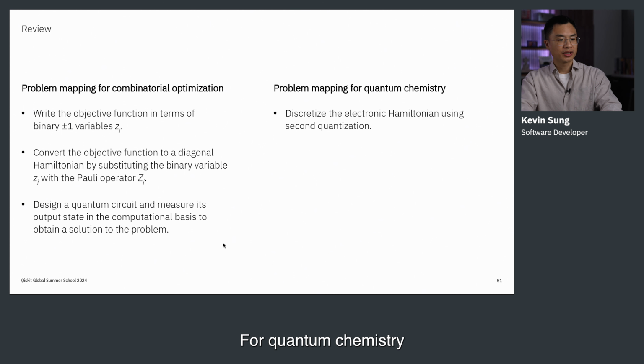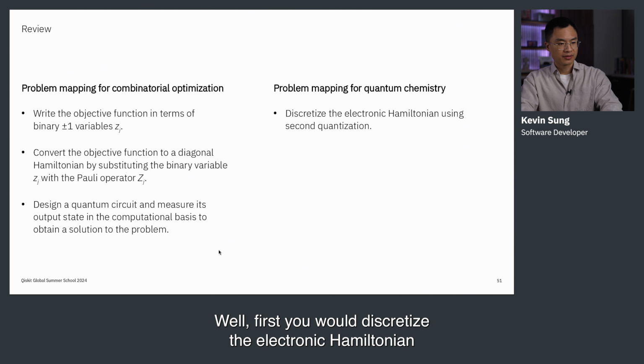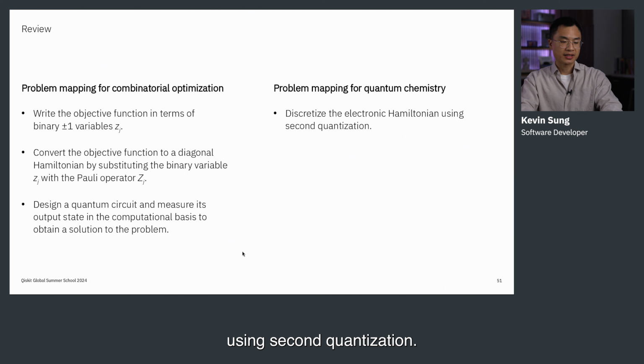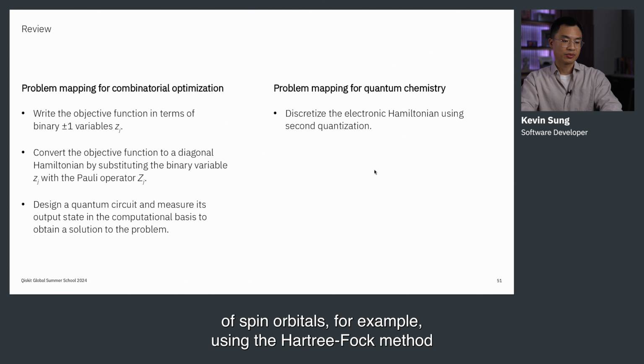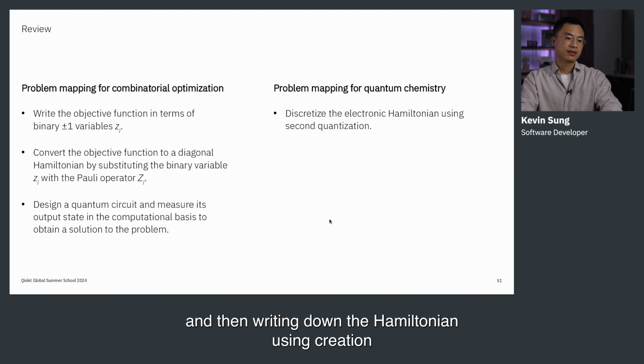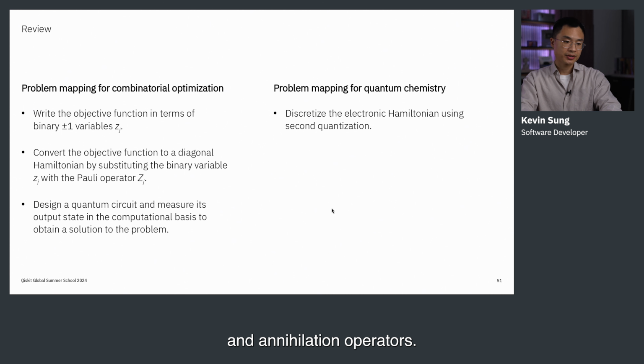For quantum chemistry, the steps would be, first, you would discretize the electronic Hamiltonian using second quantization. This would involve getting a set of spin orbitals, for example, using the Hartree-Fock method, and then writing down the Hamiltonian using creation and annihilation operators.